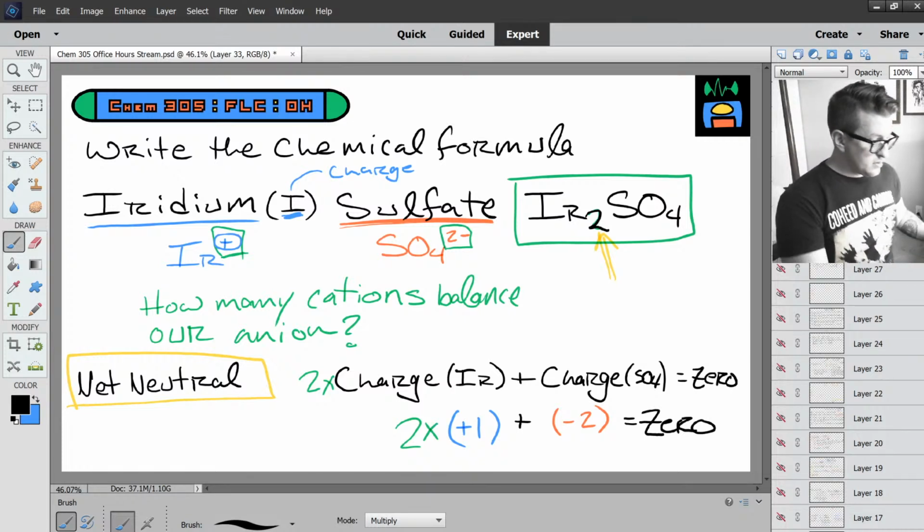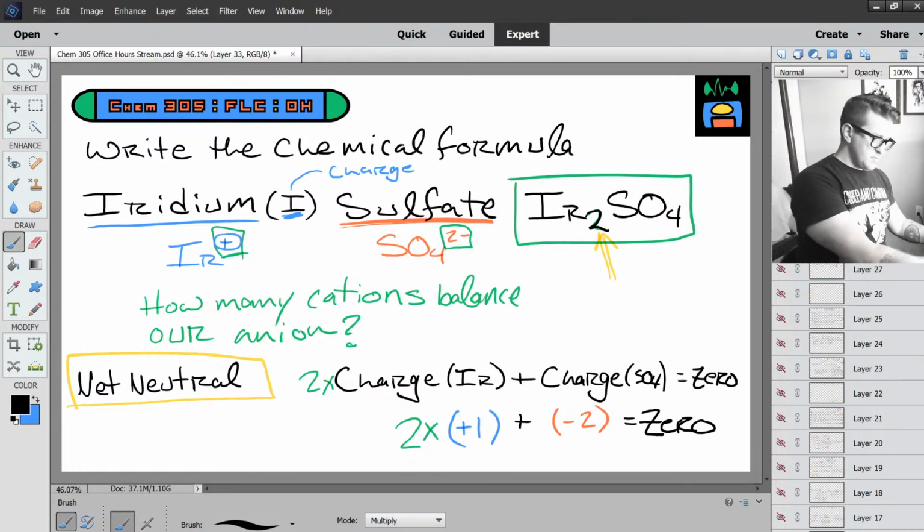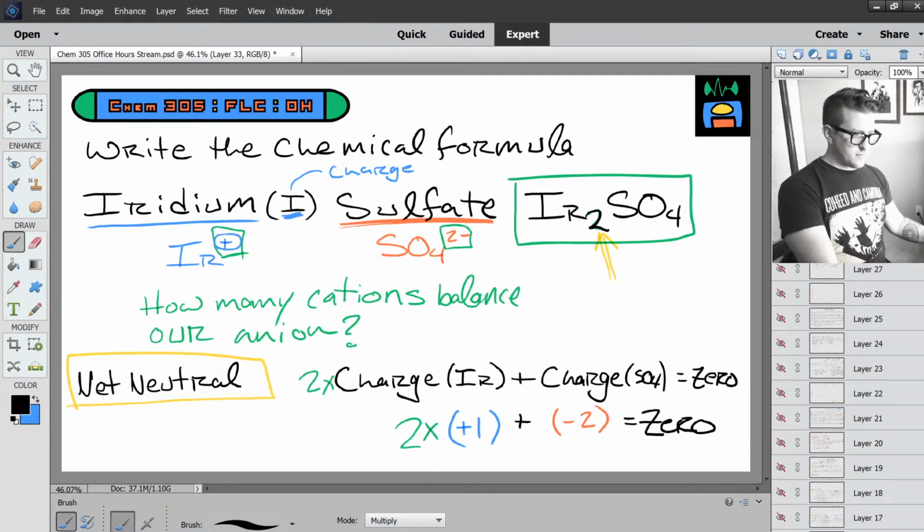The 4. Yeah. So you only look at your positive and negative charges.